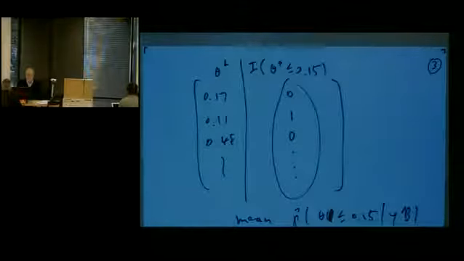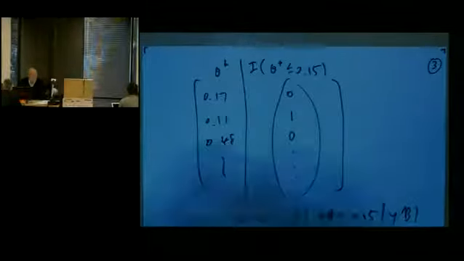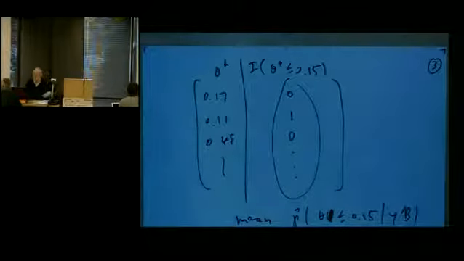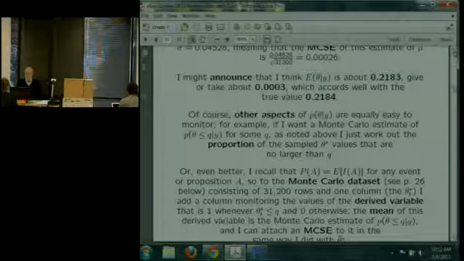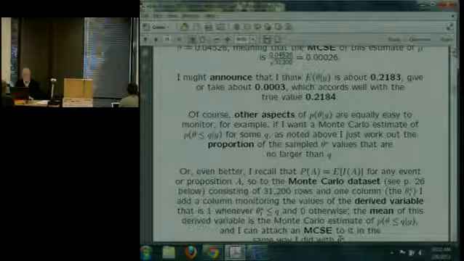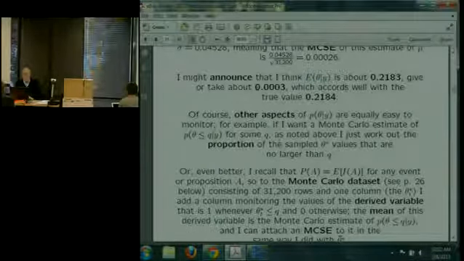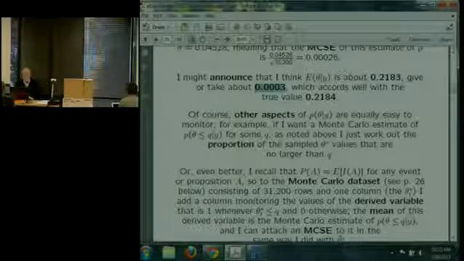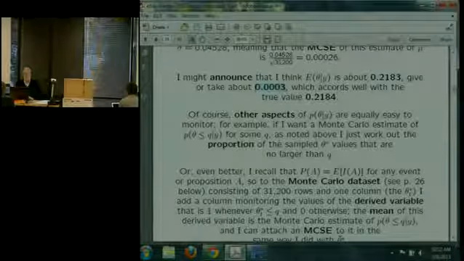Now, if you compare that number, look how when I had 31,200 draws and I was interested in the posterior mean of the distribution, I was able to pin that down with a Monte Carlo standard error of about 0.0003 with 31,200 draws.